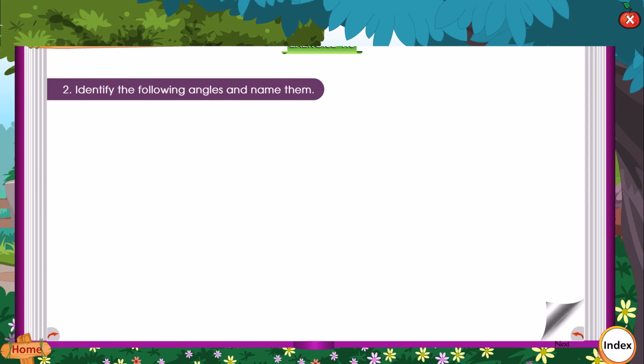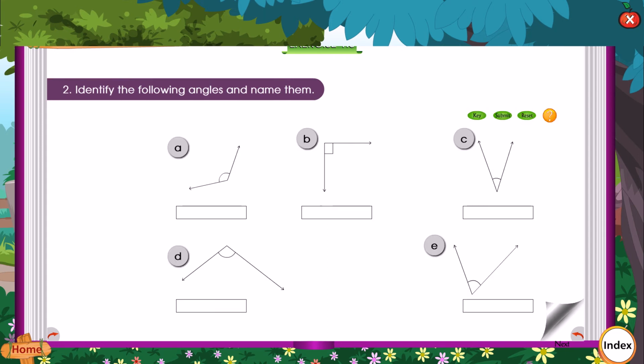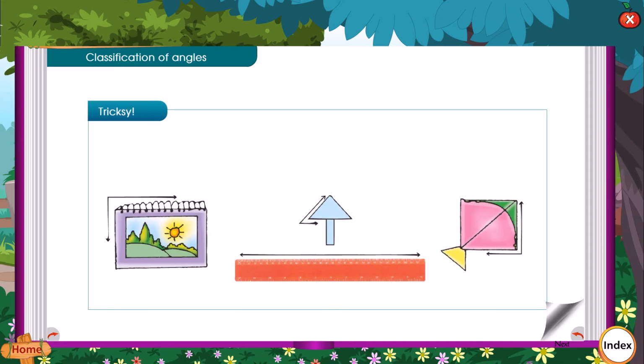Identify the following angles and name them. Trixie, here are some examples of angles that we see around us. Classify them.